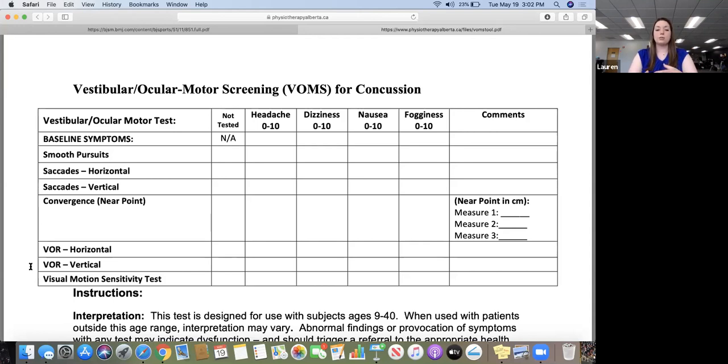When I do any BPPV testing, the nystagmus is the hallmark that we're looking for. If they don't have a nystagmus, but they report that they are getting dizzy with a certain position, I'll still test the other side and do horizontal testing as well.